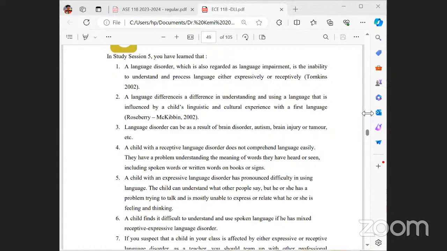You can't conclude that they have language disorder until you have observed them over time and you have been able to say categorically that this child is having impairment in this area.